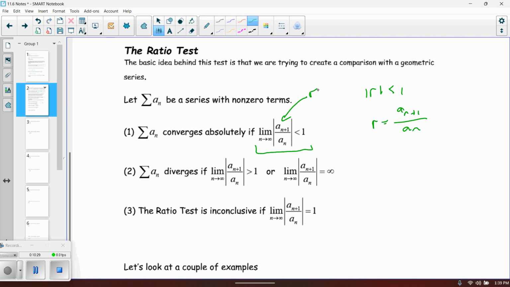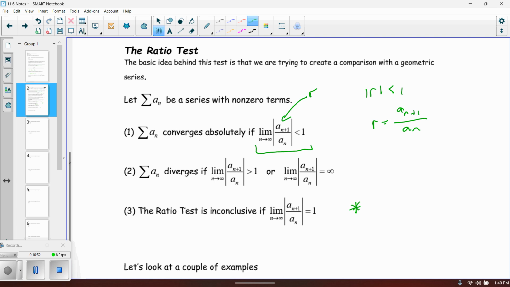If it actually equals 1, then it's inconclusive and we would have to try some other method. This is the only place that this differs from a geometric series. If you remember, if it equaled 1 with a geometric series, then it was also going to be divergent. Well, here 1 is inconclusive.